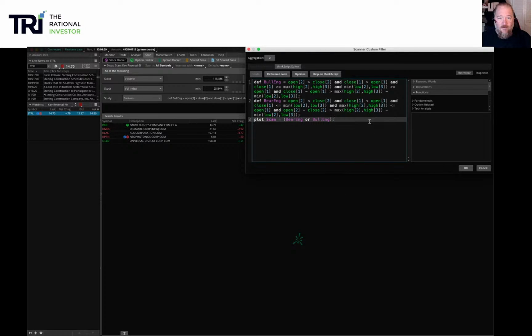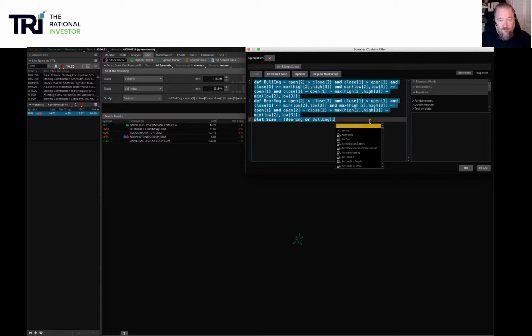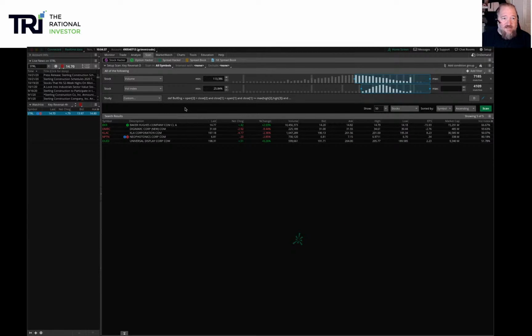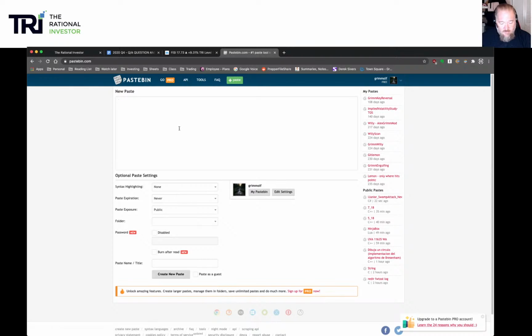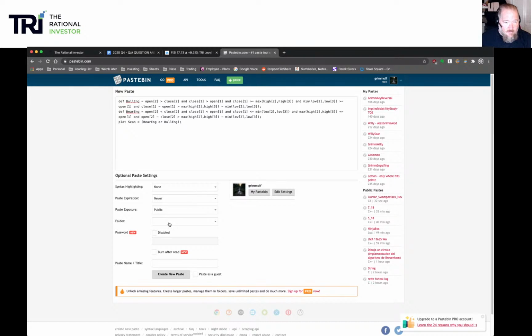So what this looks for is key reversals. Add a paste. We're going to call this Grim TDA key reversal scan.